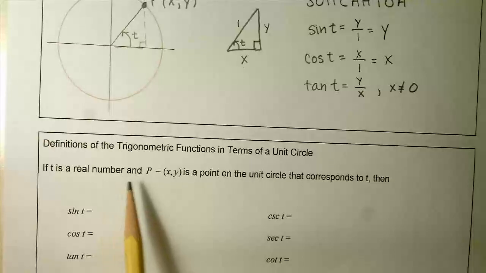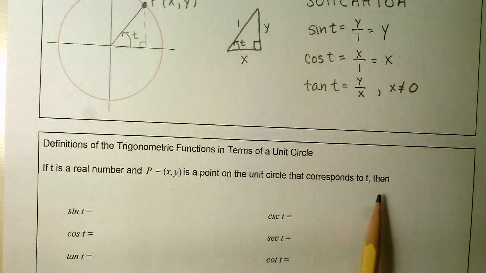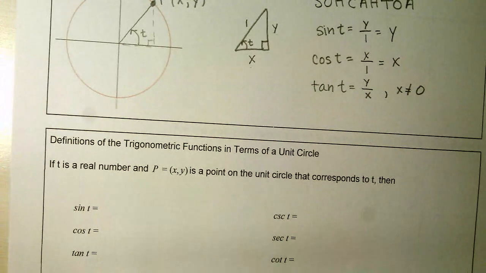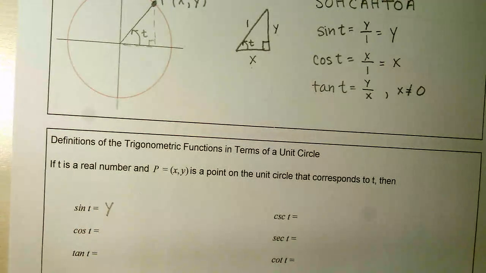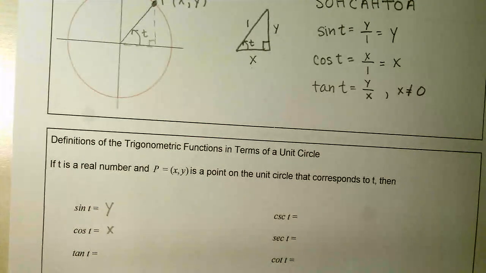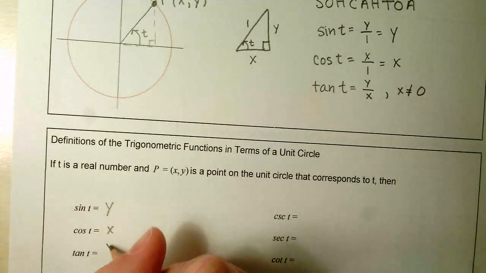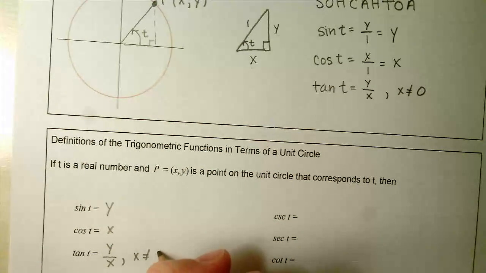If t is a real number and P is a point on the unit circle that corresponds to t, then as we found above, sine of t is equal to y, cosine of t is equal to x, and the tangent of t is equal to y over x, and x cannot be equal to 0.